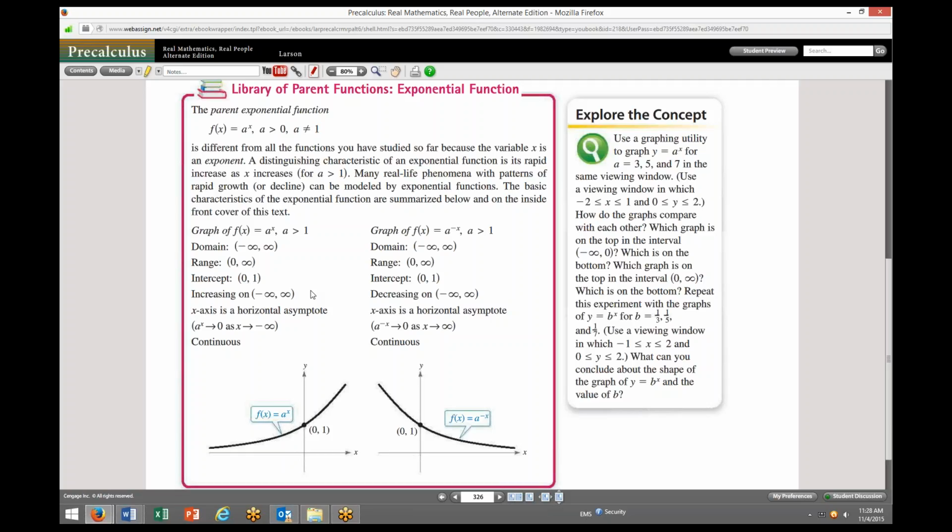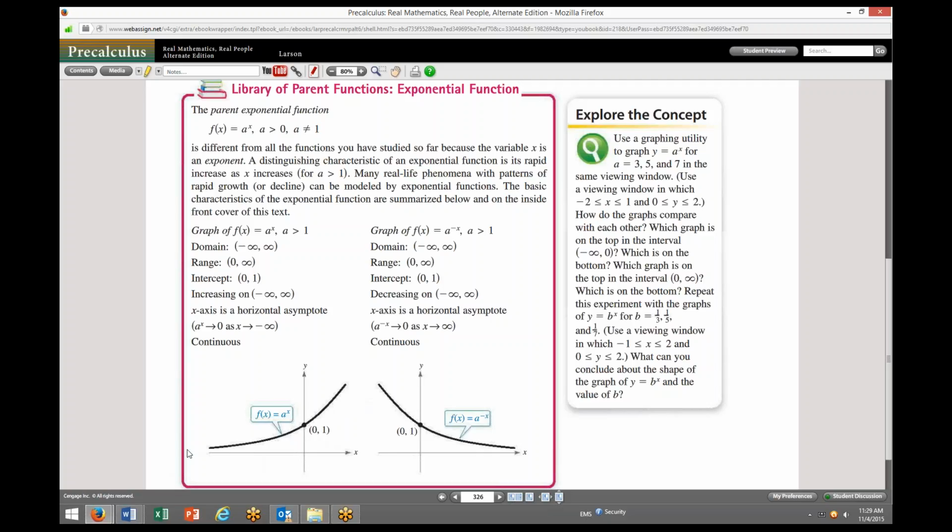Y-intercept 0, 1. Notice a fundamental fact. The exponential function with the base greater than 1 is increasing everywhere. It's not like a parabola that's increasing on half of it and decreasing on half of it. It's increasing everywhere, every interval.